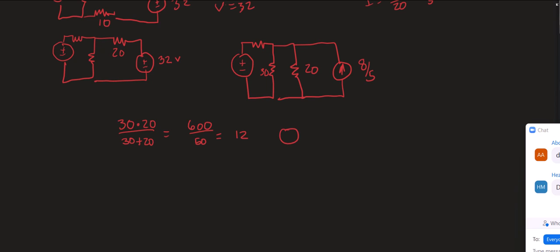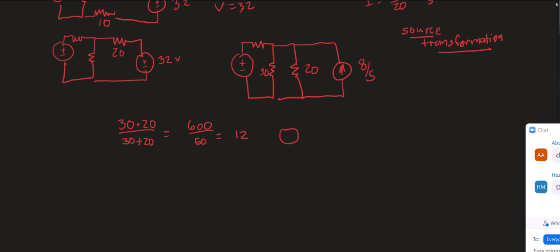Can you explain how you're able to put the 20 ohm resistor in parallel with the 30 ohm resistor? That's just the rule for source transformation. So for source transformation, that's what we're looking at in this problem.